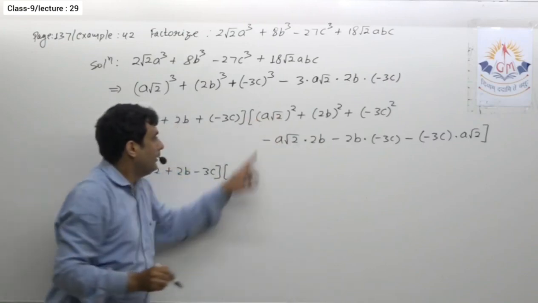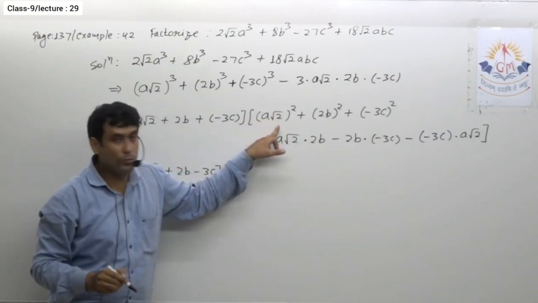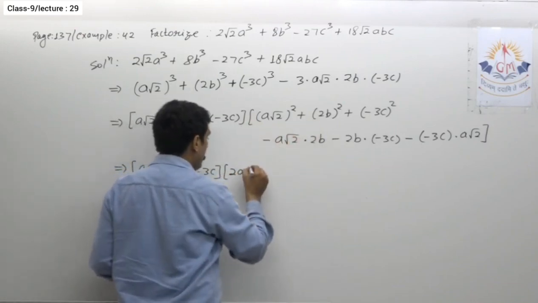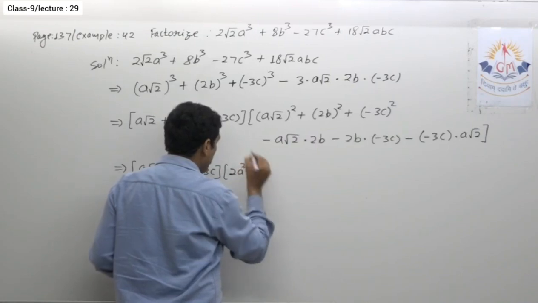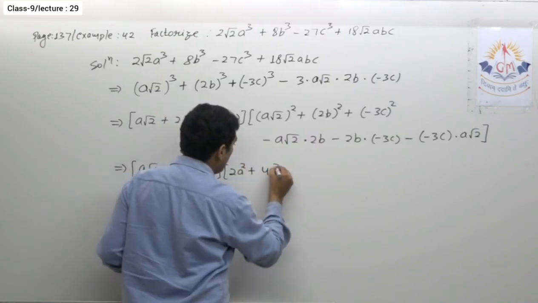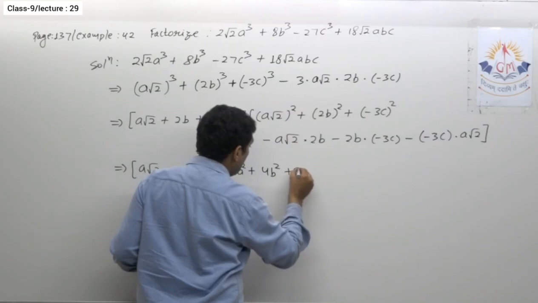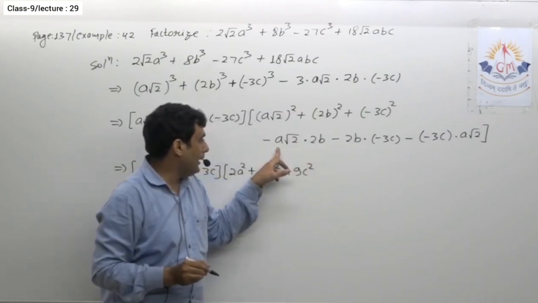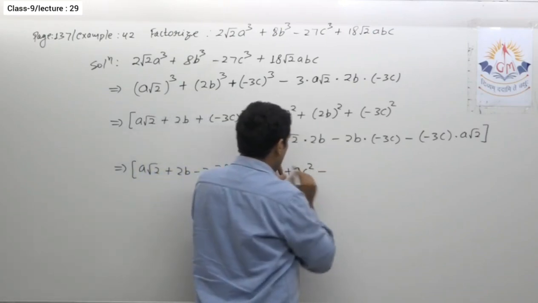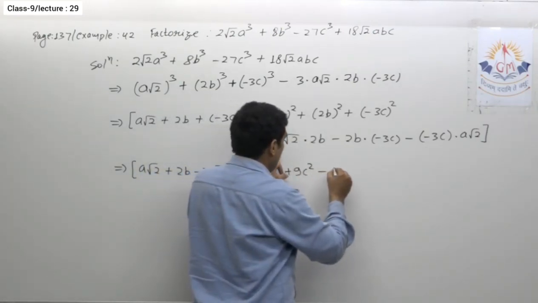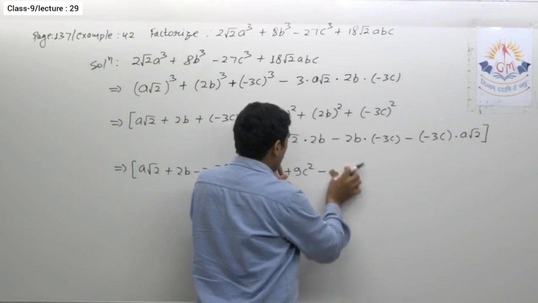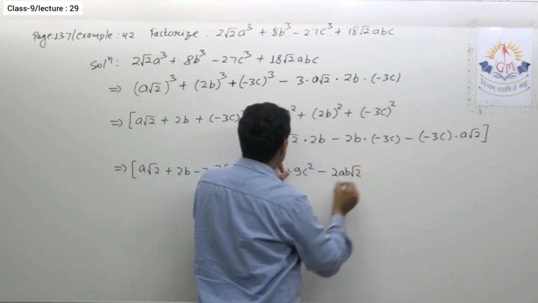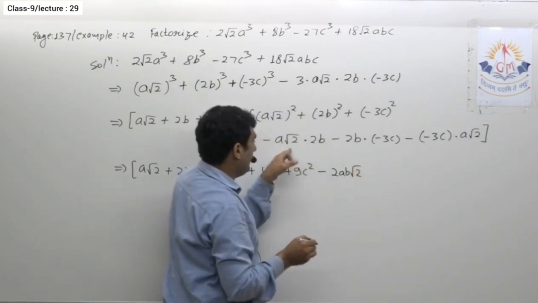And over here a root 2 square. So a square is a square, root 2 square is 2. So here I write 2a square, then 4b square plus 9c square. Now when I multiply this, first of all it should be minus 2ab root 2, that is 2a into b into root 2.